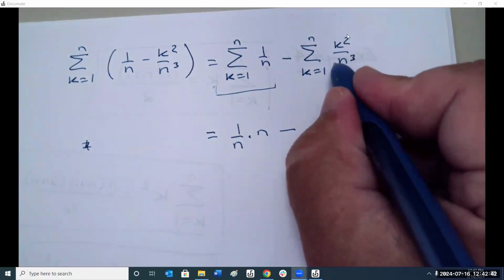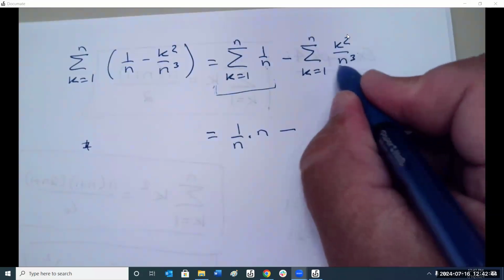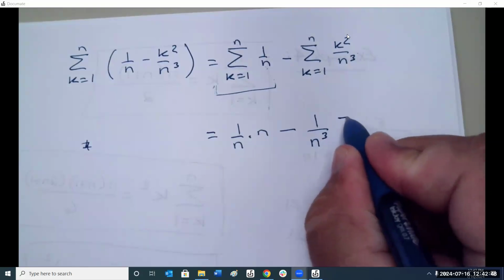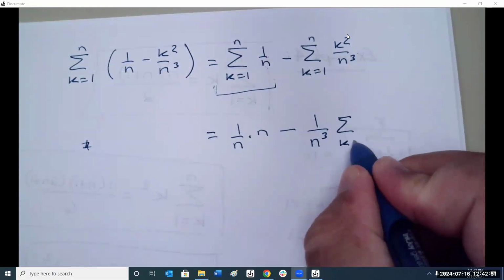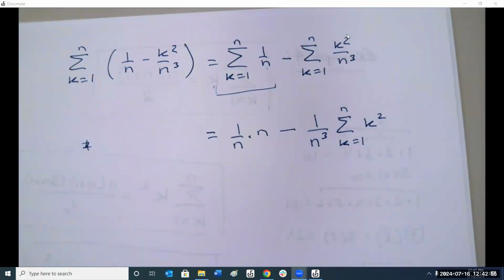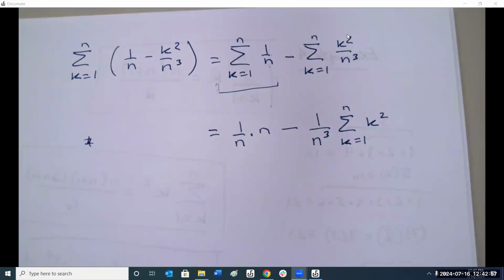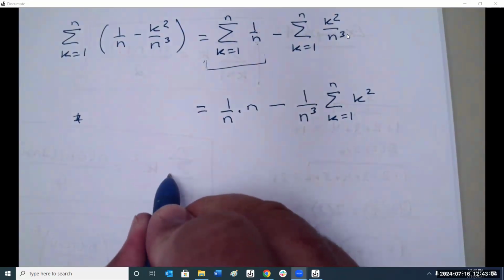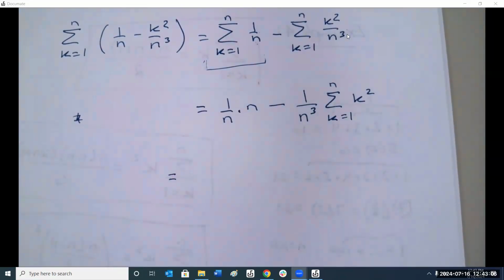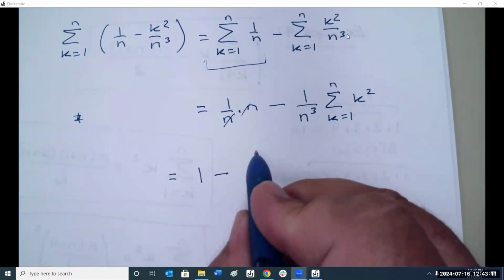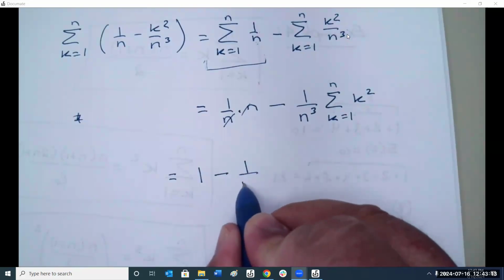Now this one, look at this. This is a constant, so n cubed could be brought out in front. So all we really have to deal with is the k squared. So the n's cancel, so we have 1 minus 1 over n cubed.